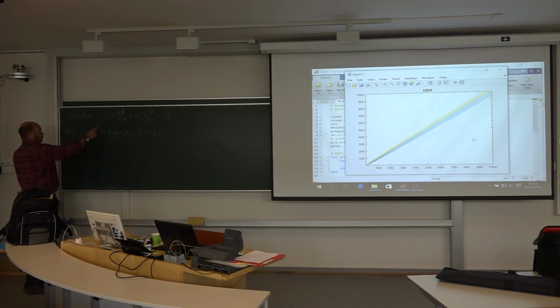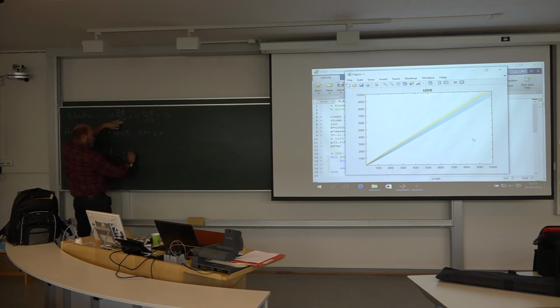So I will be left with, for the upwind scheme, UDS, an x derivative here. It will be phi i,j minus phi i minus 1,j. That's the upwind x derivative.